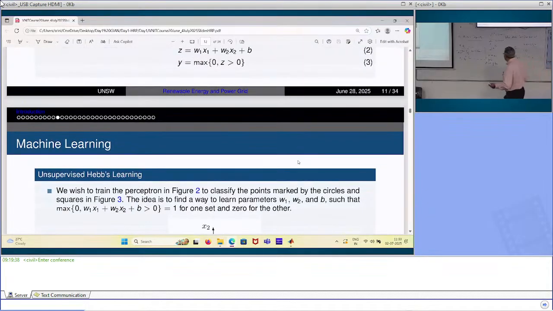Y is maximum. So it will be either 0 or 1, right? B कोई भी आप, you can choose whatever you like. You can initialize any way you like.